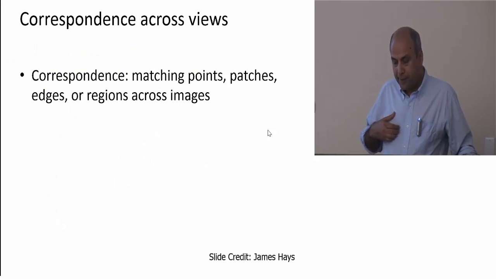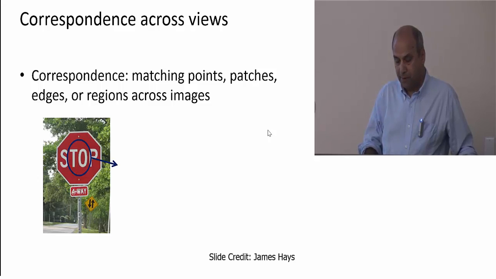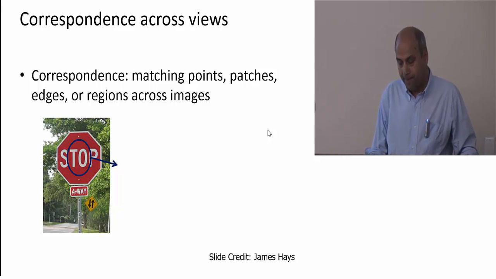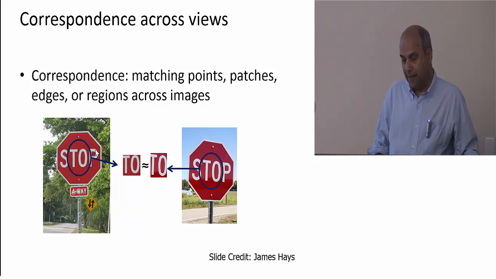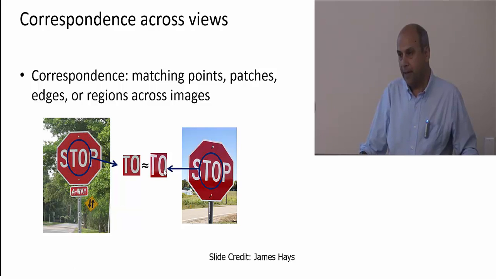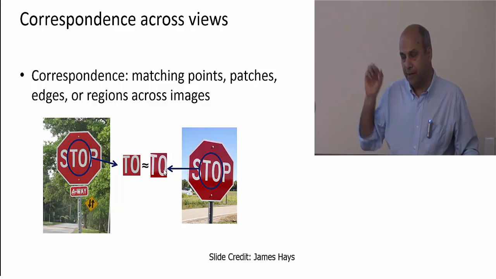So, for example, we want to find the correspondence between two images. So this is one image, and this is words. Again, this is a slide courtesy of James Hays from Brown University. And then we can look at these two letters, and there's another image that appears a little differently, and we want to be able to match these images, and the way we are going to do it is to look at these interest points and match them.